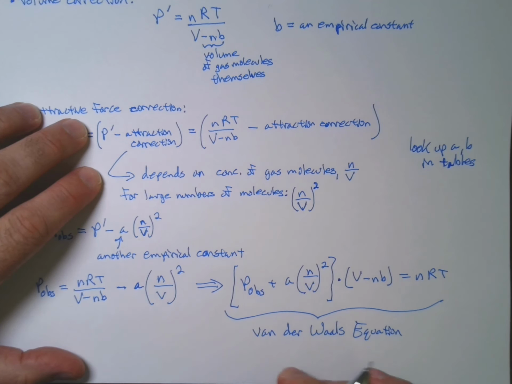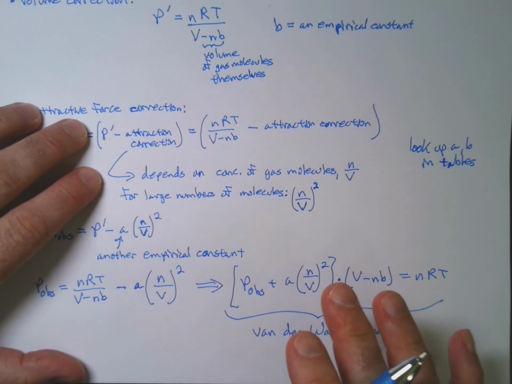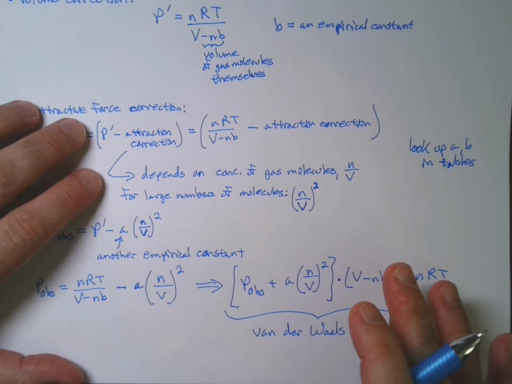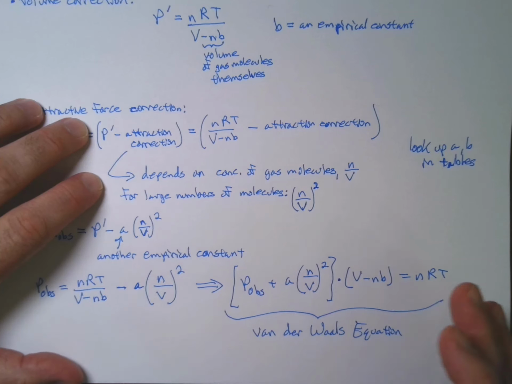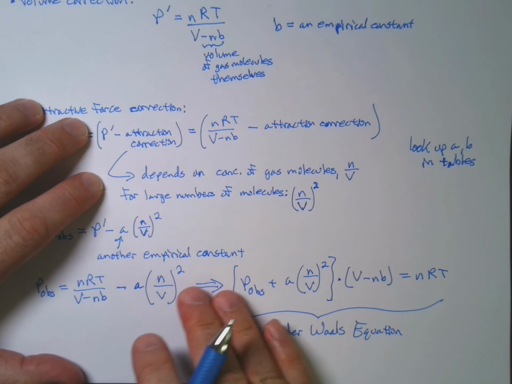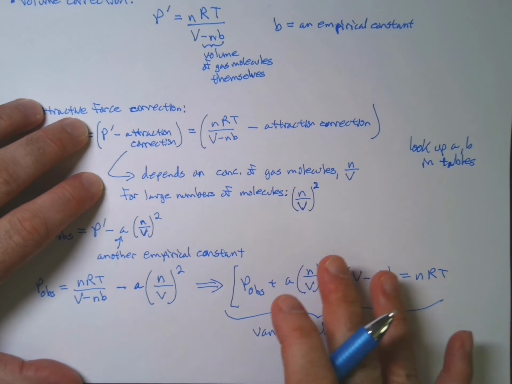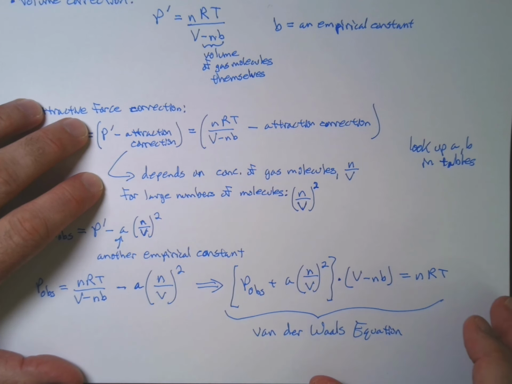It turns out that the van der Waals equation is not 100% accurate. It's a little bit better than the ideal gas law, but there are actually other ways of accounting for real gas behavior that are more accurate experimentally, but they involve much more complex correction factors and stuff like that, so we won't go into that.